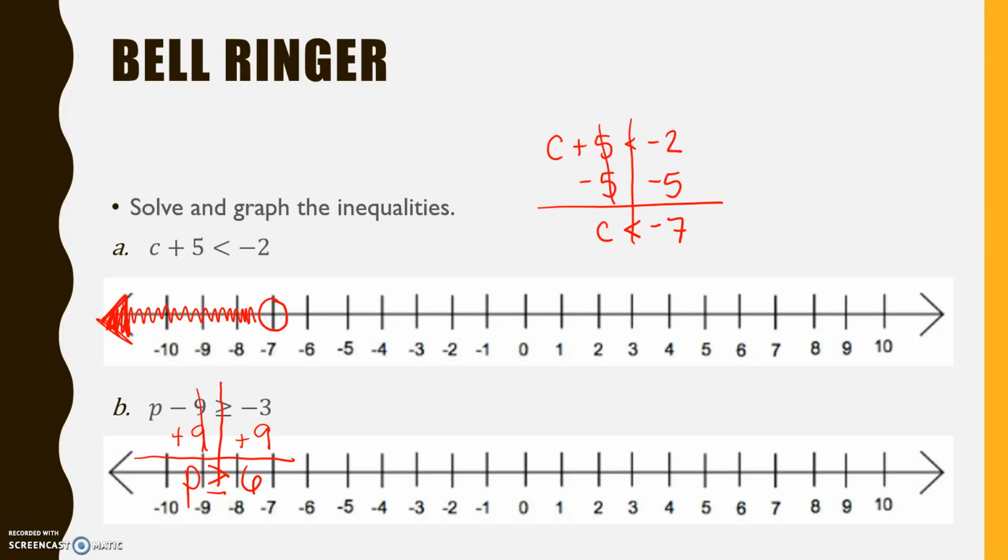So I'm going to put a circle at 6. I'm going to fill it in, because it is equal to, so it could be 6, and I want values that are greater than, so I'm going to shade to the right. And there we have it. Hopefully that looks exactly how you had it. If not, take a moment, pause, and discuss where mistakes were made.